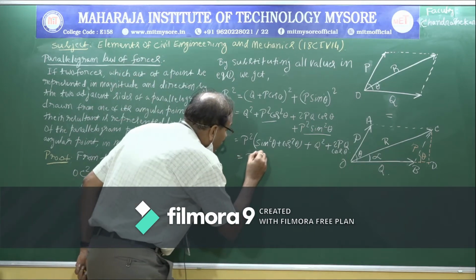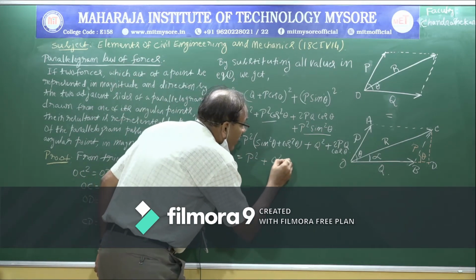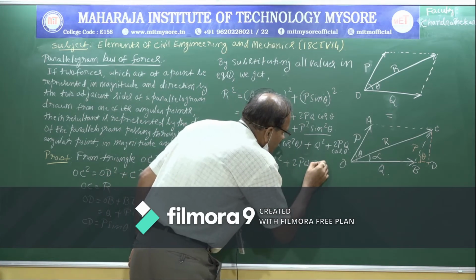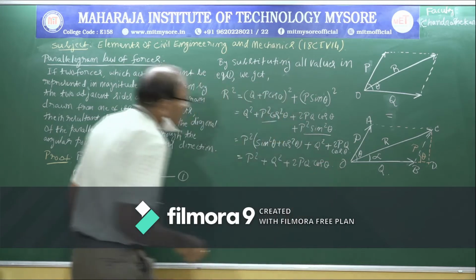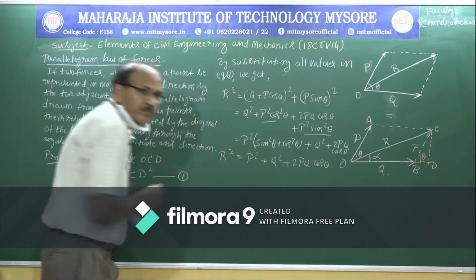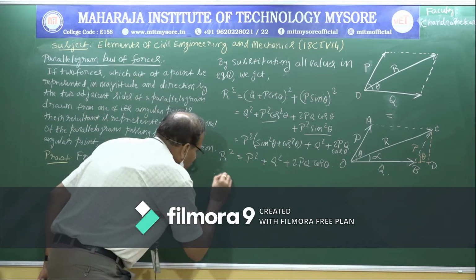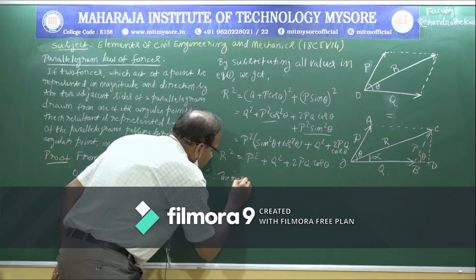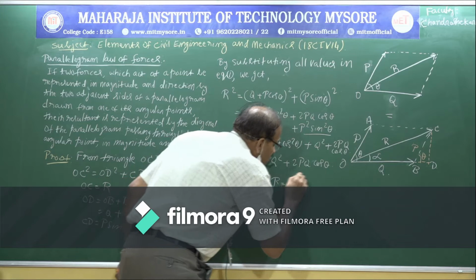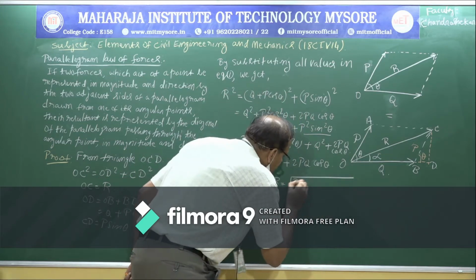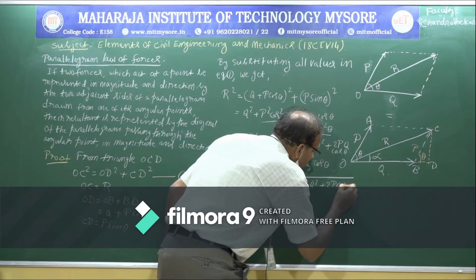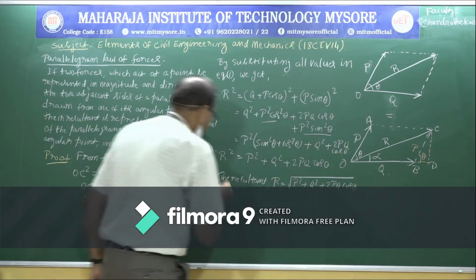So that is P square plus Q square plus 2PQ cos theta. This is R square. Therefore, the resultant R equal to square root of P square plus Q square plus 2PQ cos theta.